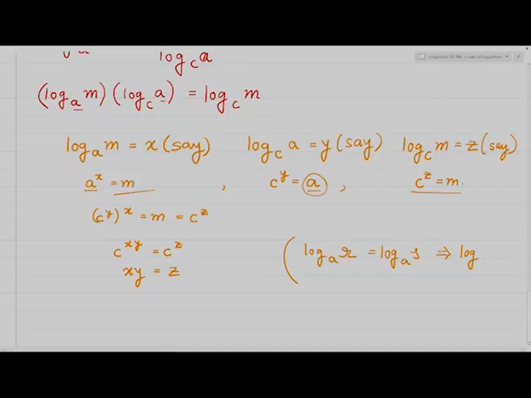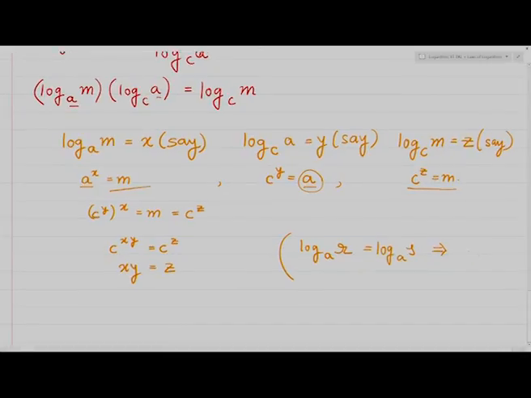So, this forces me to say that this is equivalent to saying r is equal to s when they are in their valid domains. Okay, this if and only if r is equal to s. So, I have used this property and said that this implies xy is equal to z.